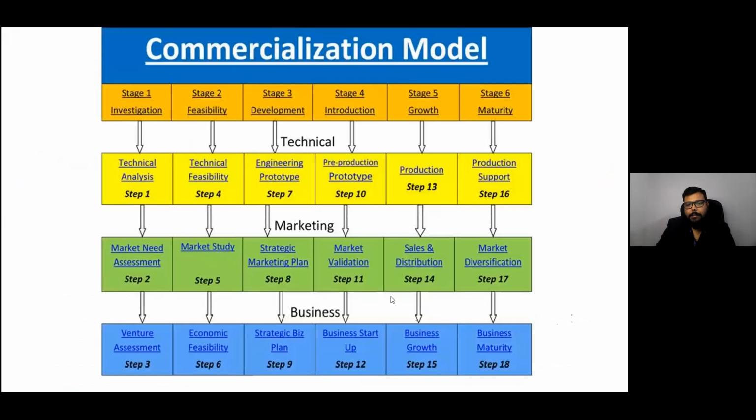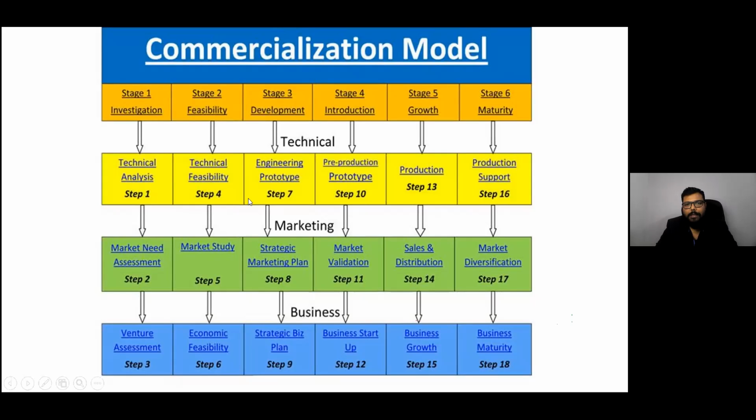That is the commercial readiness. You can also see the commercialization model here, guys. Stage 1 is investigation: technical analysis, market needs assessment, then venture assessment, which is what I was just explaining.